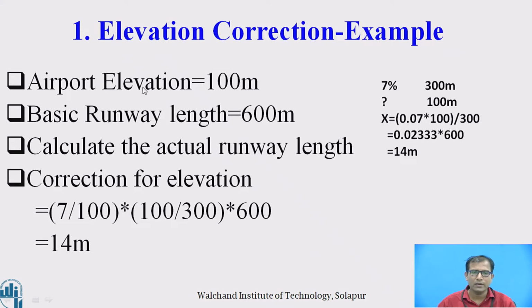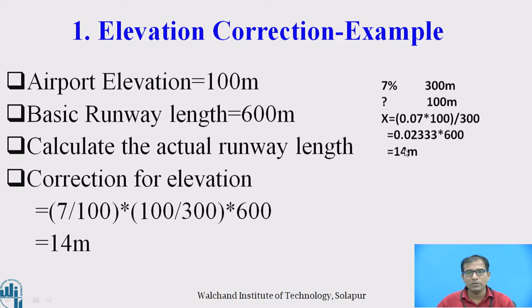You have an airport elevation of 100 meters, and the basic runway length is given as 600 meters. Calculate the actual runway length. Here you can see 7% for every 300 meter rise. For the given 100 meter elevation, what is the rise you are going to get? You just cross multiply that, and for the given basic runway length, we multiply it.